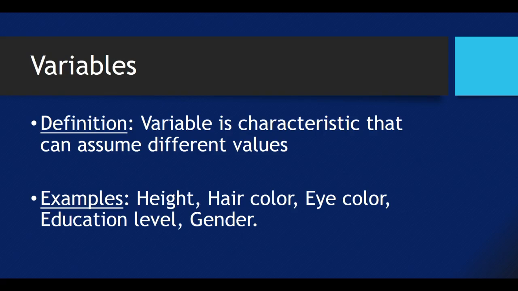Now, again, I want to make the distinction. Height is a variable. Your particular height is not variable. So height, as in the characteristic, is the variable. But for instance, 5'7" is not a variable.